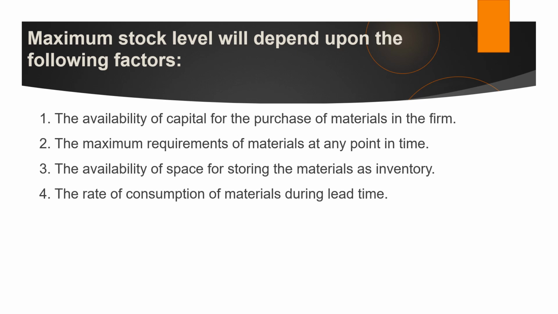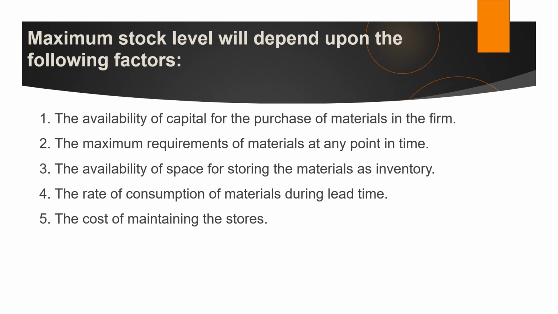Then the rate of consumption of the material during lead time. If we are consuming a particular material frequently, the rate of consumption is high. Therefore, we have to keep a larger sum as the maximum stock level. Finally, the cost of maintaining the stores.